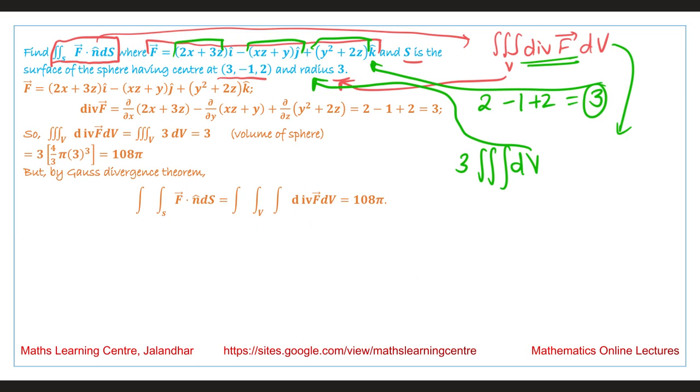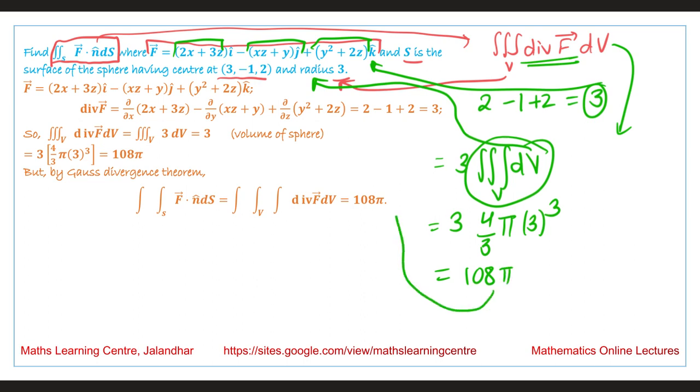Now the radius of the sphere is given to be 3 units, so this is equal to 3 times the volume of the sphere. The volume is 4 by 3 pi r cube, and this value comes out to be 108 pi, and this is the value of this integral.